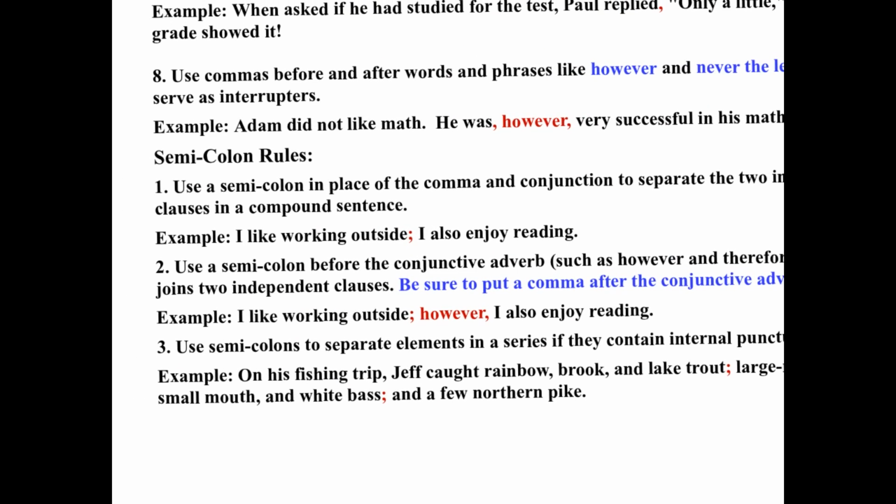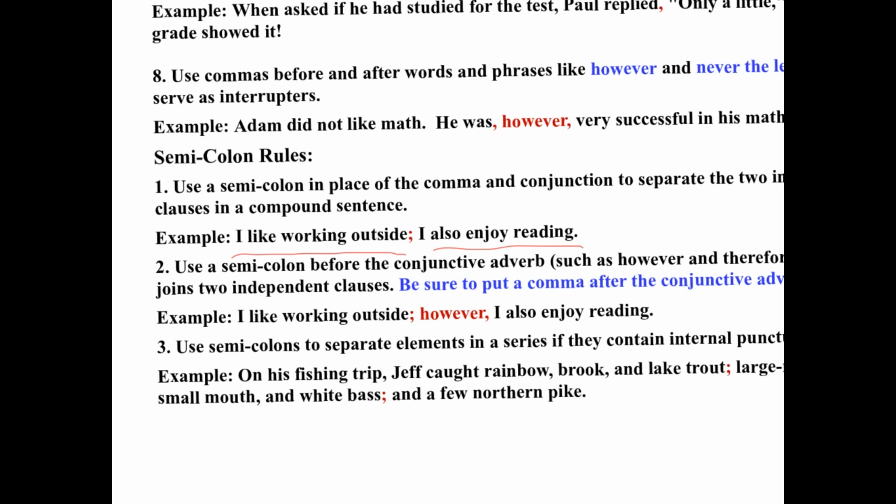Look, I like working outside. An independent clause. I also enjoy reading. You see that? You have two independent clauses. I could say, I like working outside, comma, and I also enjoy reading. Either way, it's fine. You're just replacing the semicolon with a comma conjunction.